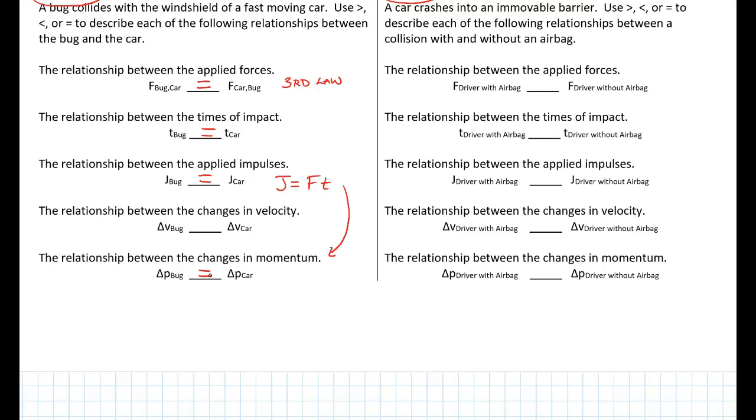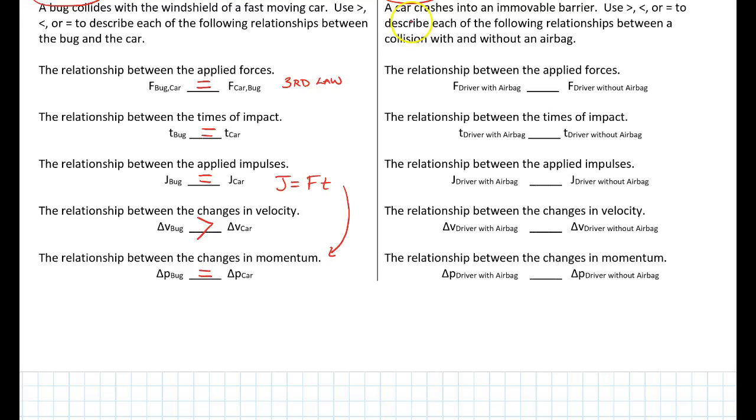What is different? Yeah, if you're a truck, a bug is not going to change your velocity very much. But if you're a bug, you're going to get turned in the direction of the truck. Right, so the change in velocity of the bug is going to be much greater than that of the car.